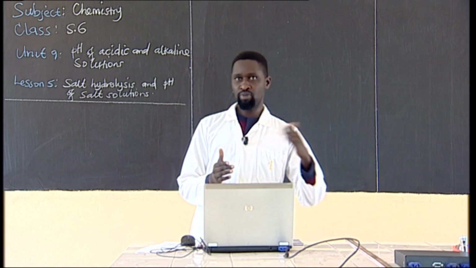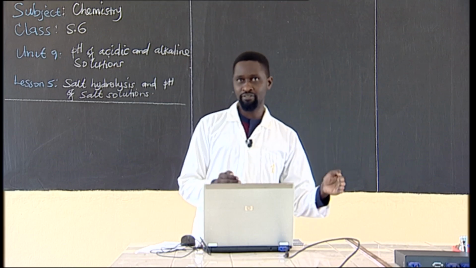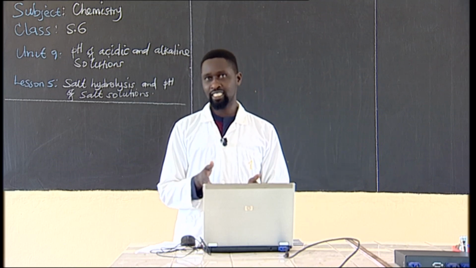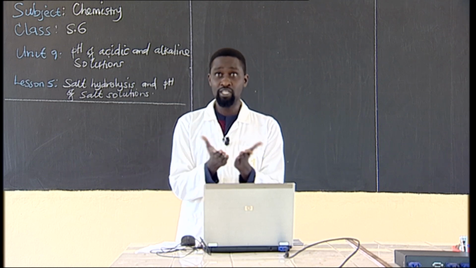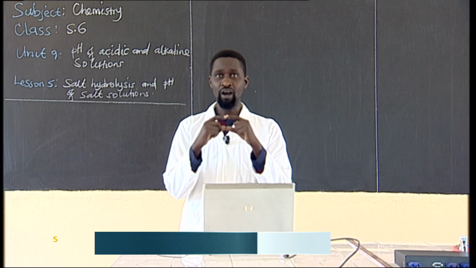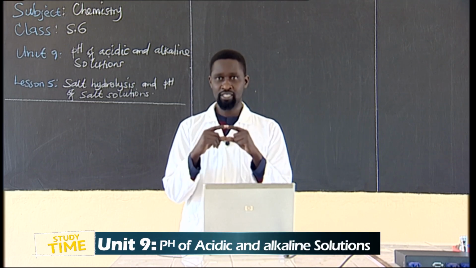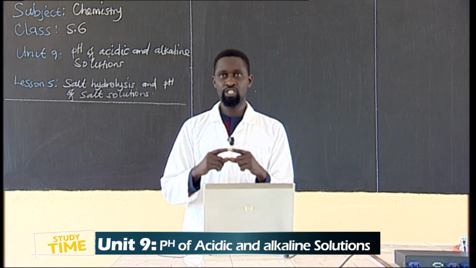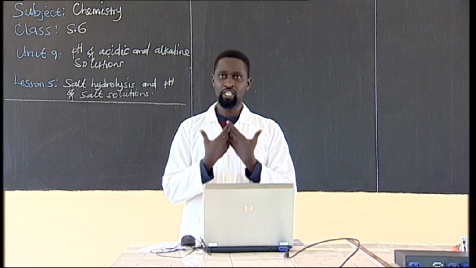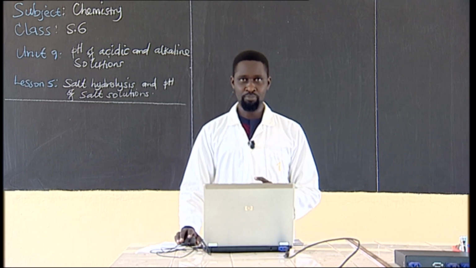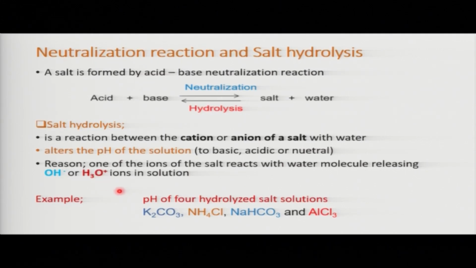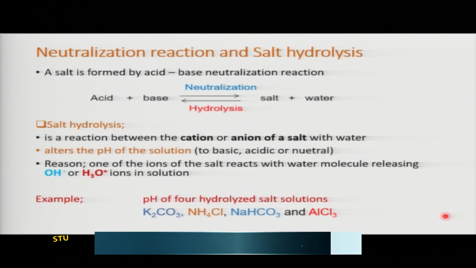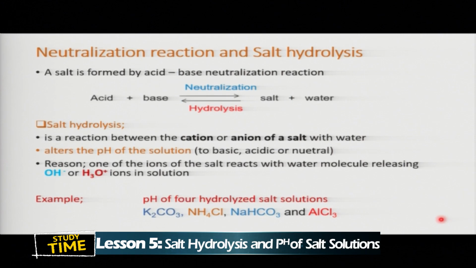Sometimes it becomes basic, with a pH greater than 7, or acidic, with a pH less than 7, or sometimes it remains neutral. That's why we are bringing in salt hydrolysis and the pH. What brings that pH change is the OH⁻ and hydronium ions set free in solution.